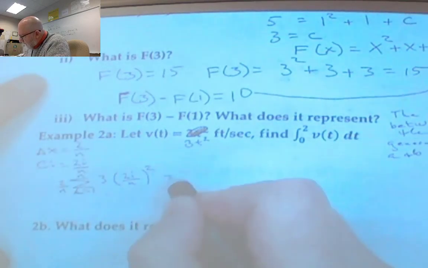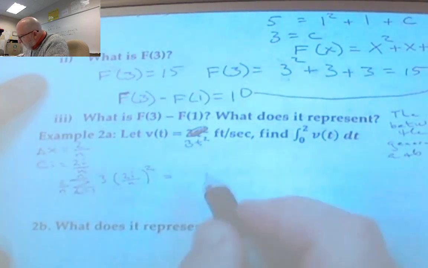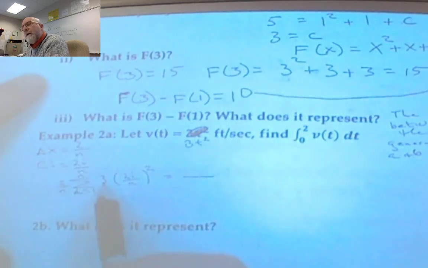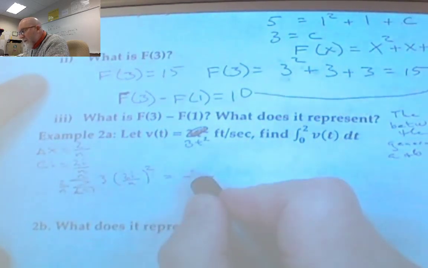Okay, so that gives me, well, 2 times 3 is what? And then this is going to become a what when I square it? It's going to become a 4, right? So what's 6 times 4? 24.